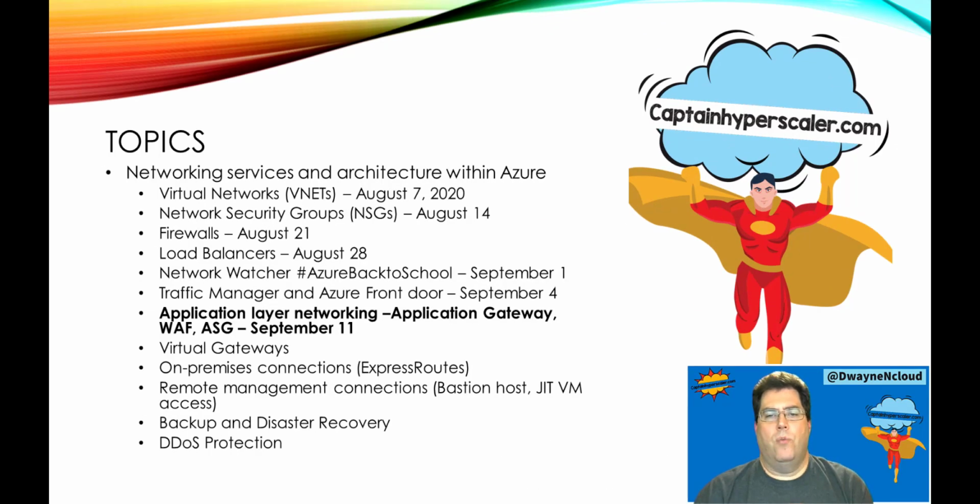Just to give everybody an idea of where we're at in this video series, we are about halfway through the original topics that I had put forth to cover, and we are at application layer networking, which is going to include the application gateway, the web application firewall, and application security groups.